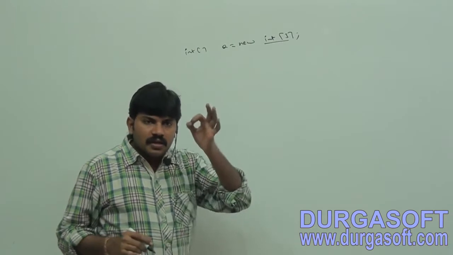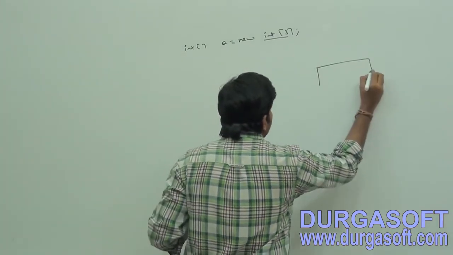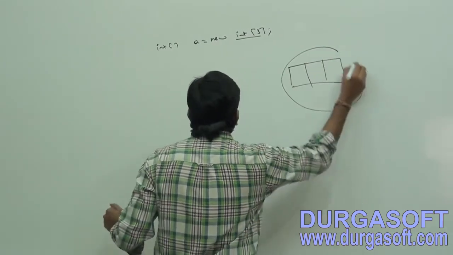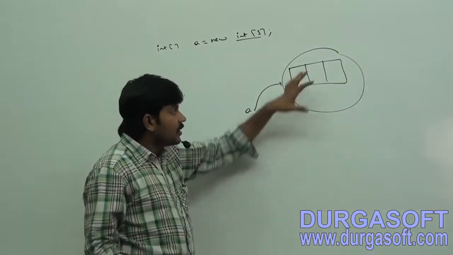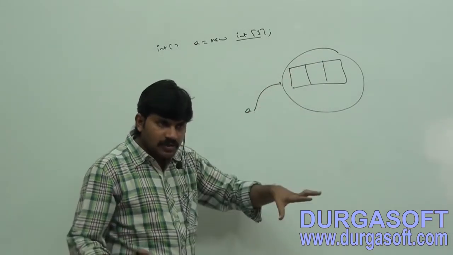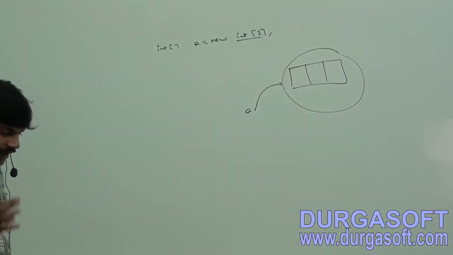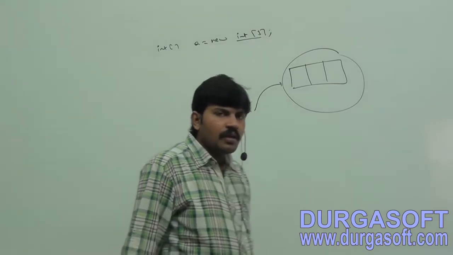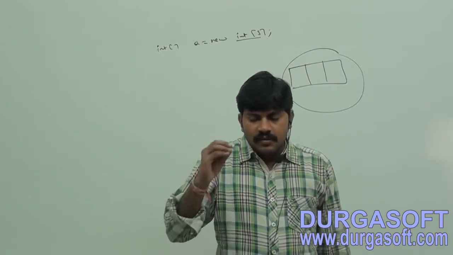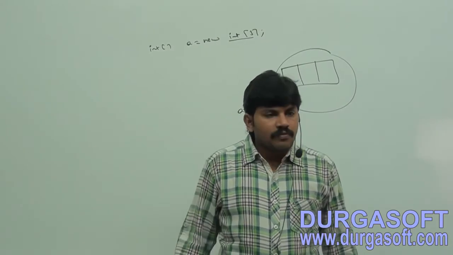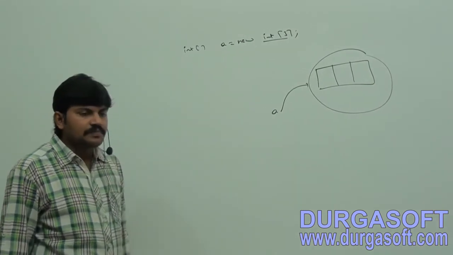That's why we can create arrays by using the new operator, right? Now, sir, here the size is 3 and a is the reference variable for that. You should feel that an array itself is nothing but an object. Every array in Java is an object only.